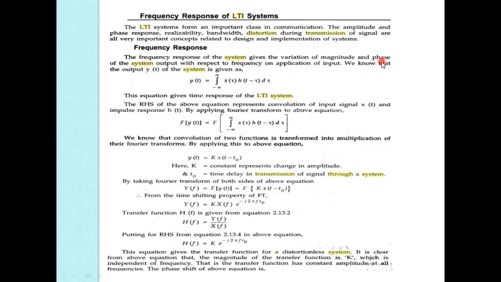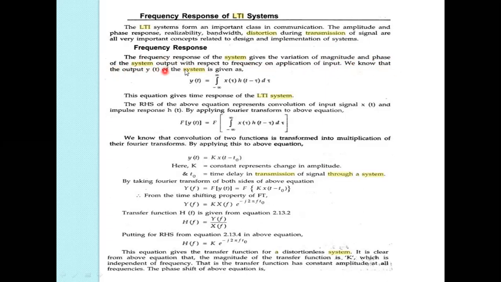During the transmission of a signal, you have to see all these parameters when we design the system. The frequency response of the system gives the magnitude and phase of the system output with respect to the frequency on application of the input.